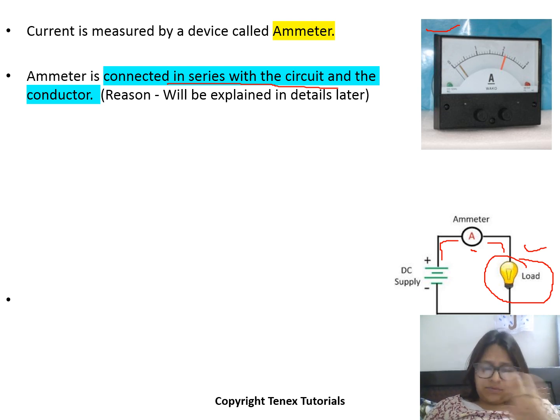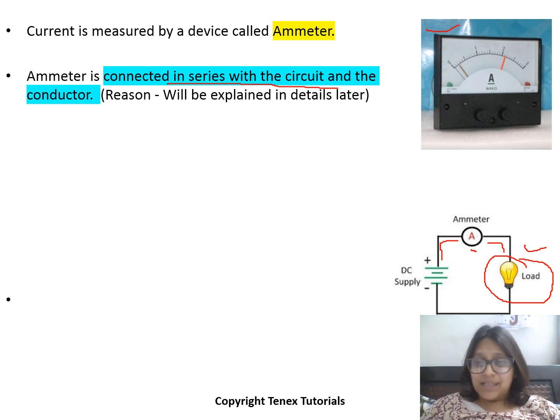For now we just need to understand that anything which is on the same wire as the load, which is actually consuming electricity, will be called as being in series with the load. So the ammeter is always connected in series, and there is a reason for why it is connected in series, which will be explained later on.